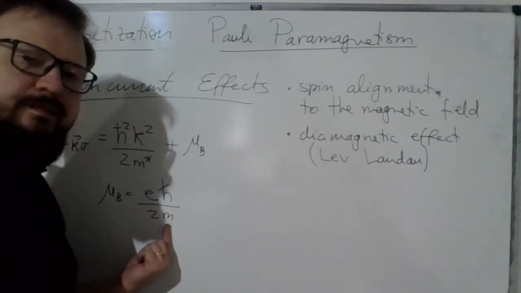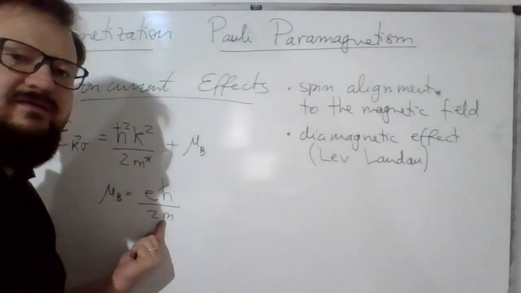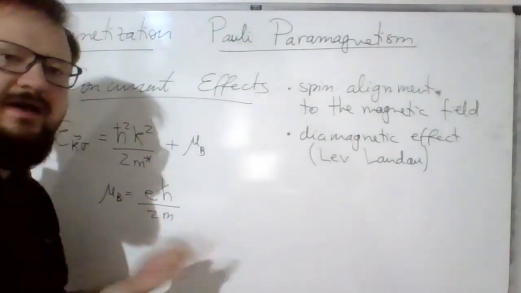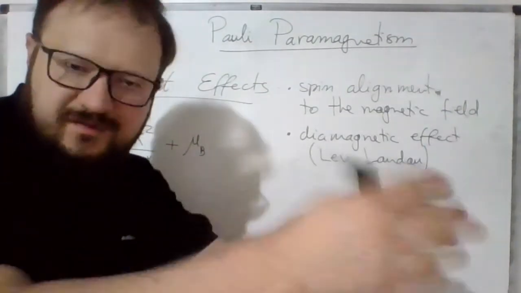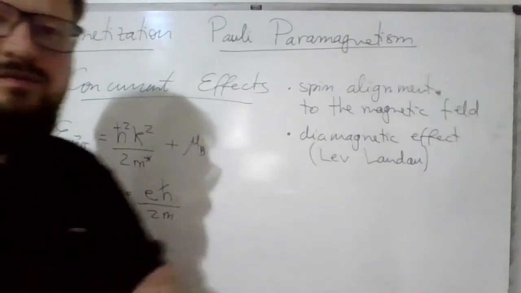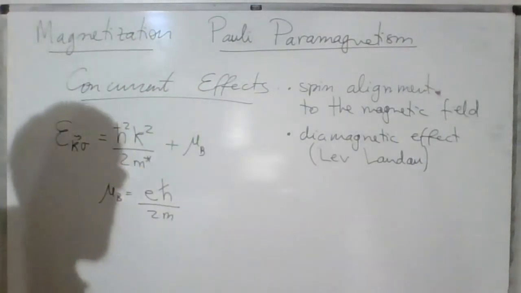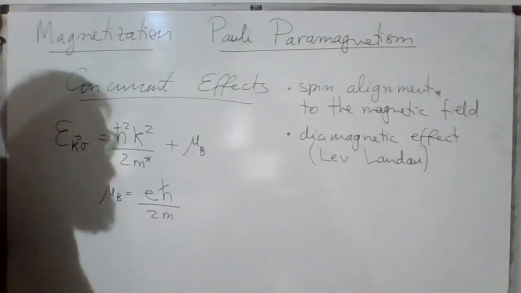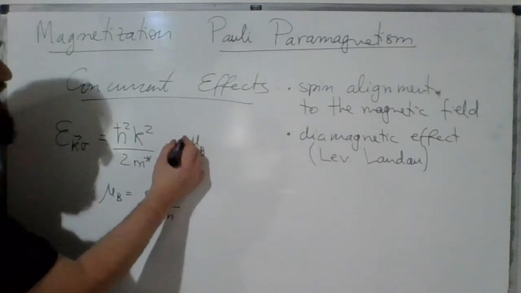Really, the mass which enters the Bohr magneton usually is the vacuum mass of the electron, the mass of the electron in vacuum. You usually don't account for lattice effects, but eventually you could correct for a g factor here.